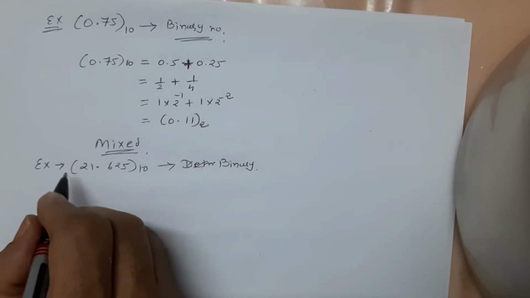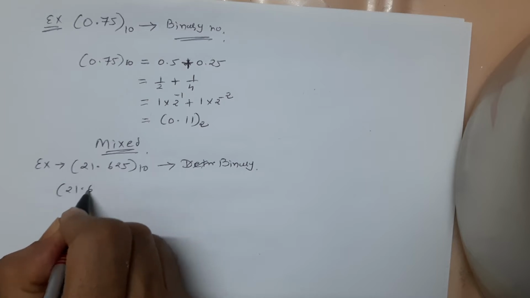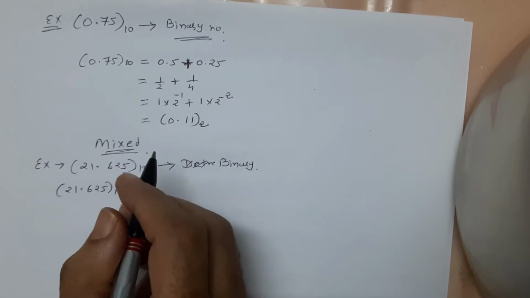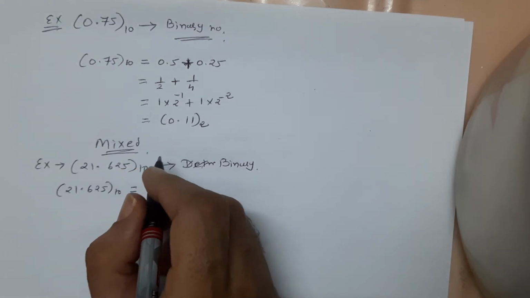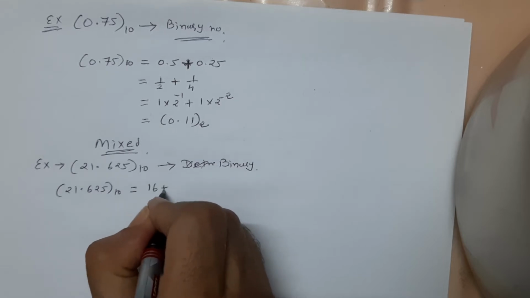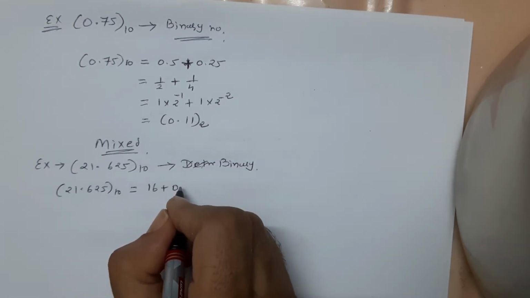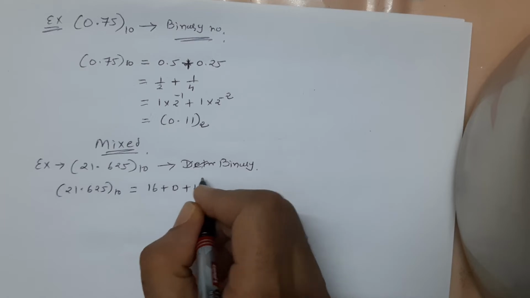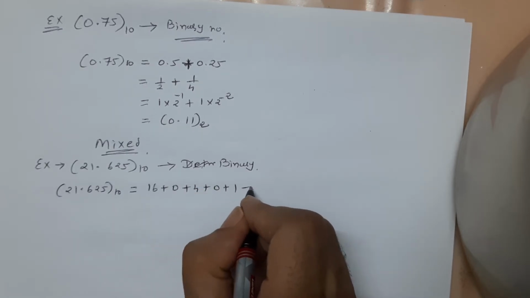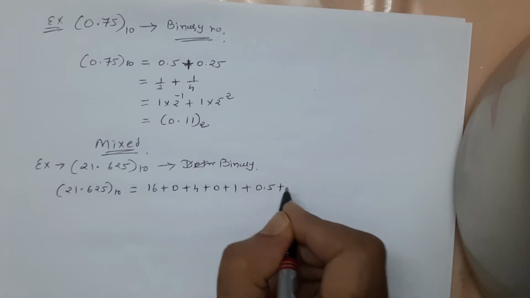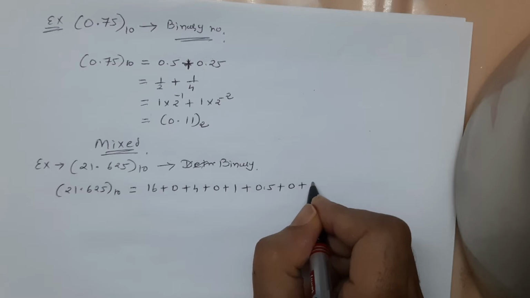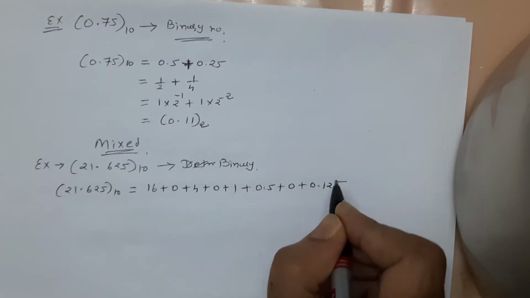How to convert? So this 21.625 decimal is equal to 16 plus 0 plus 4 plus 0 plus 1 plus 0.5 plus 0 plus 0.125.